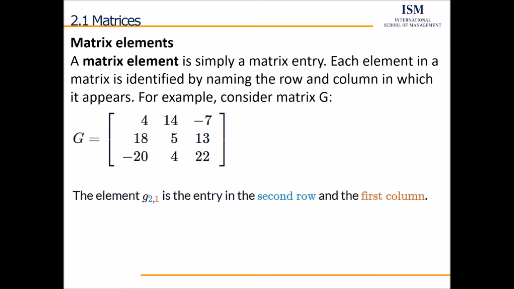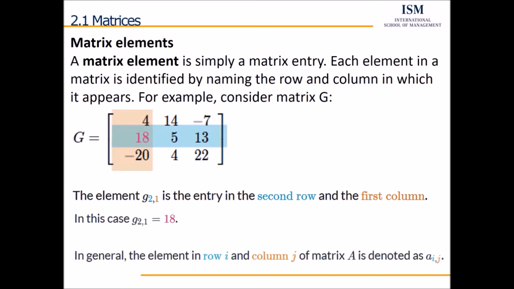Let's talk about matrix elements. A matrix element is simply a matrix entry. Each element in a matrix is identified by naming the row and column in which it appears. For example, let's consider the 3 by 3 matrix called G. The element G under 2,1 is the entry in the second row and the first column.